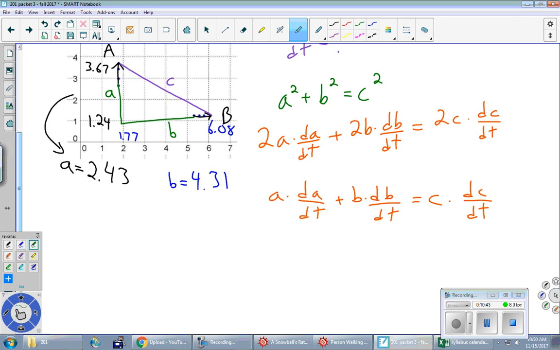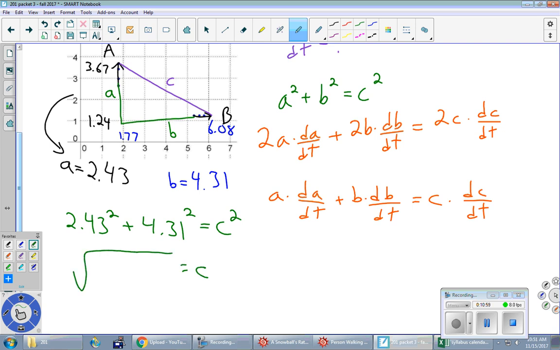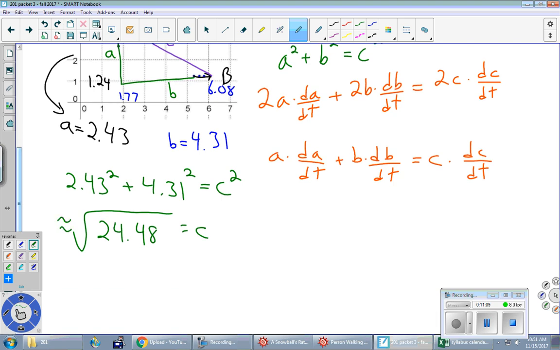I'll write it down here in green. 2.43 squared plus 4.31 squared gives us the c squared that we're interested in, 24.48. Okay, so that's the c that we're interested in, 4.94. That make sense, how to find that particular c?